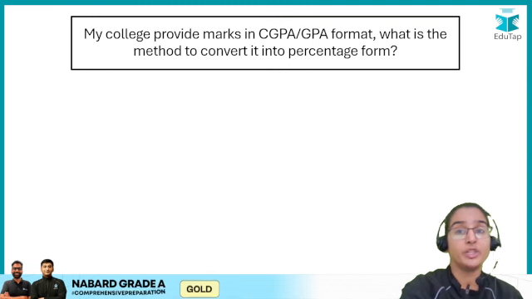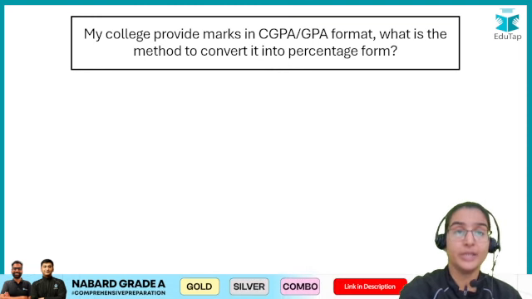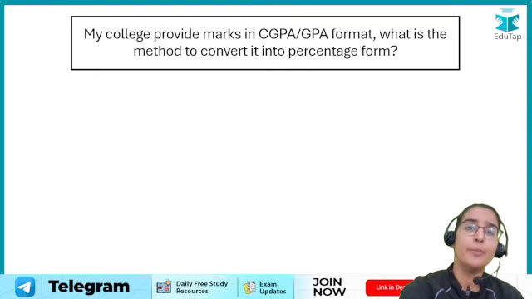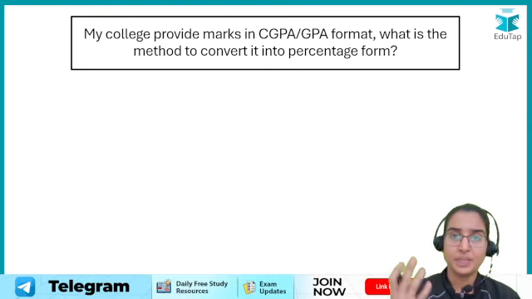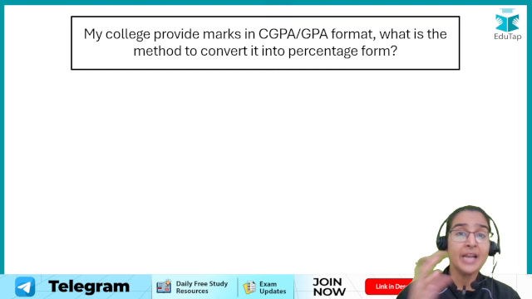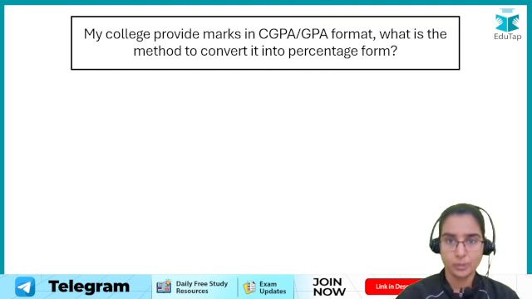Now the next question which arises in the minds of students is that most of the colleges and some universities provide the marks in the CGPA or GPA format. Then how are they going to convert it into the percentage form?